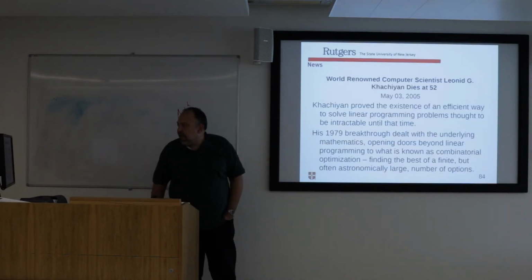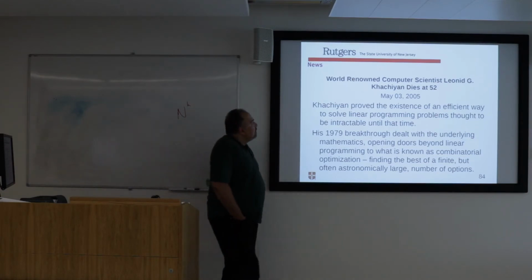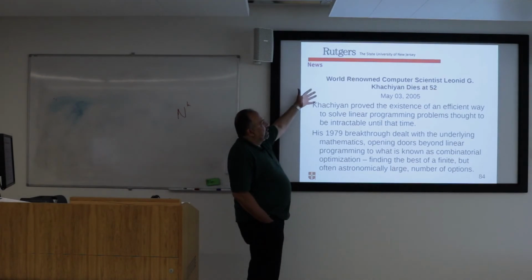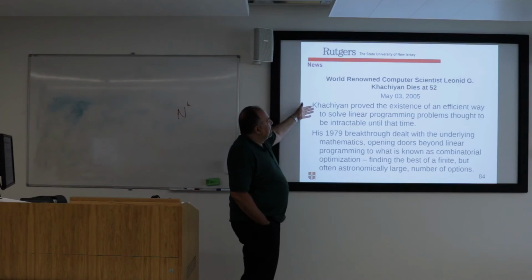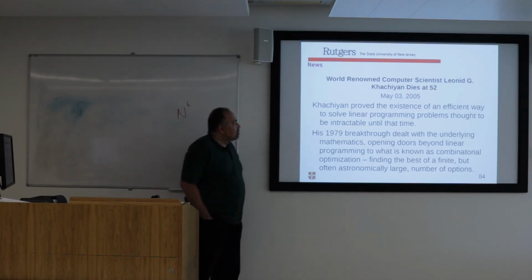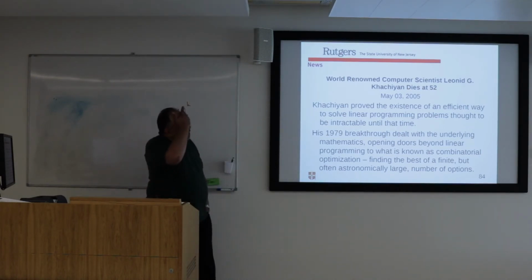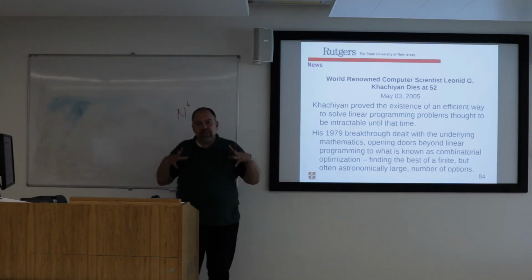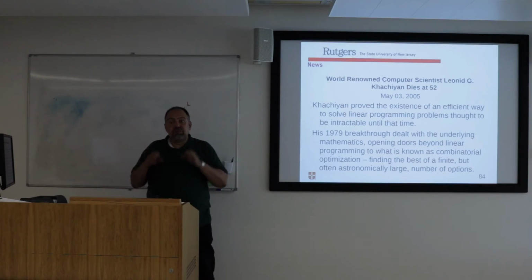And again, this is from Rutgers, and it was the obituary, the announcement of the death of Khachiyan, who proved the existence of an efficient way to solve linear programming problems thought to be intractable up to that point. Again, I repeat, the simplex algorithm in practice performs really well, but the worst case scenario is exponential time.